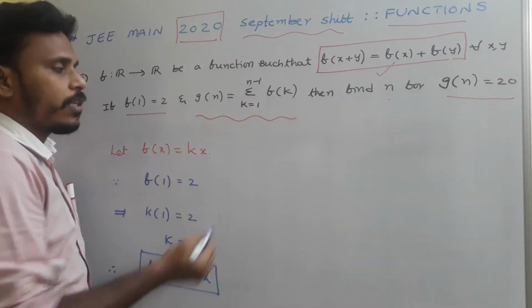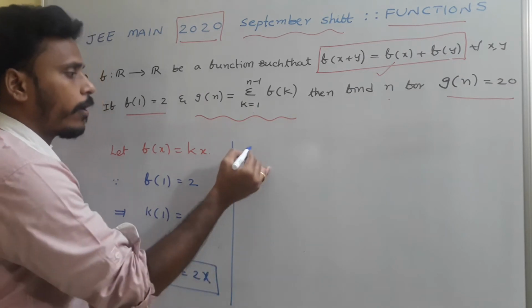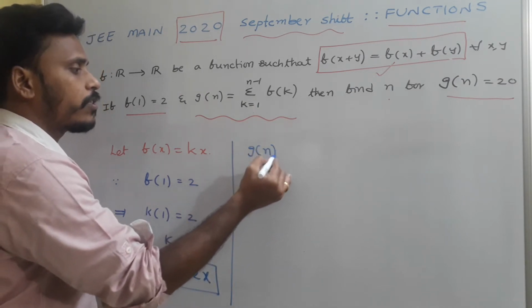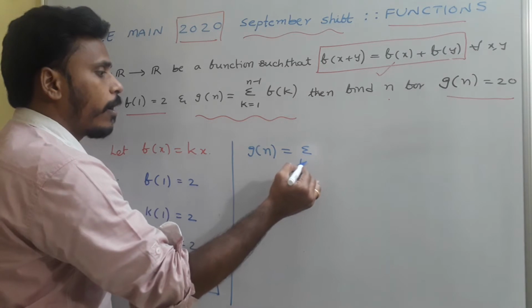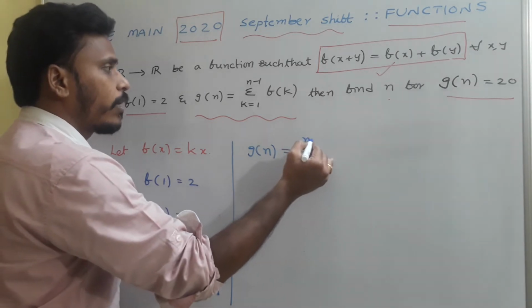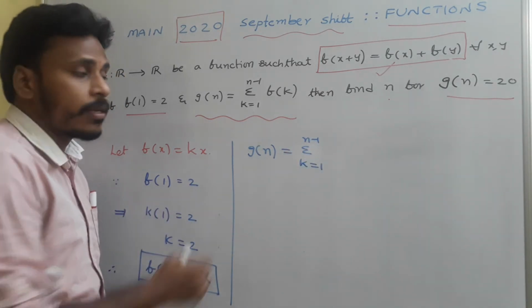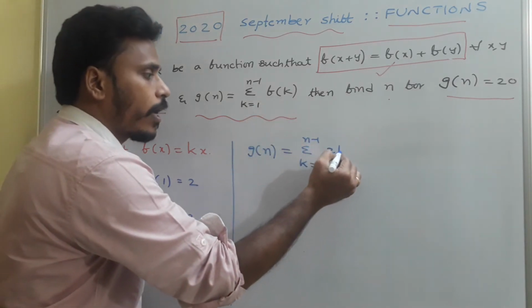Now we need to calculate g(n). With this definition, g(n) equals sigma k running from 1 to n minus 1 of f(k). So f(k) means what? 2k.